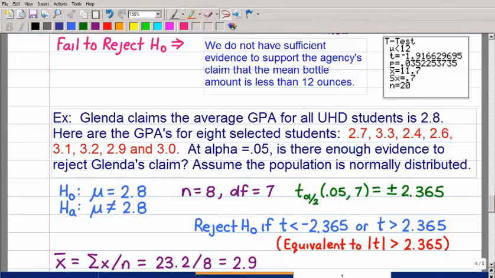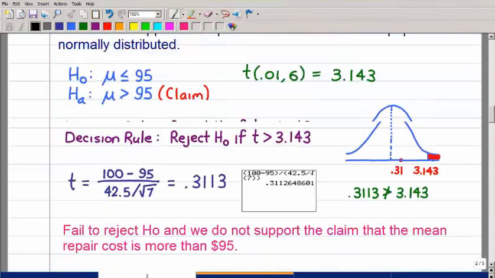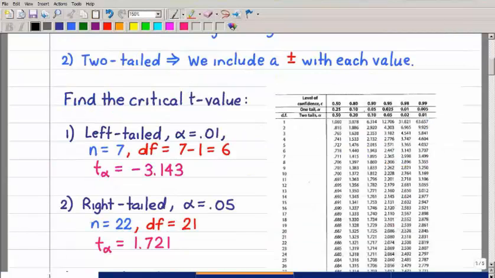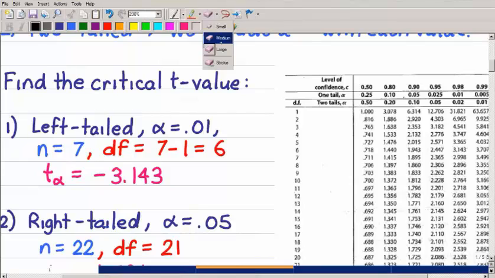Without going actually back up to the chart, well, I think I will for this one. 0.05, 7 degrees of freedom. Two-tail 0.05, 7 degrees of freedom, 2.365.